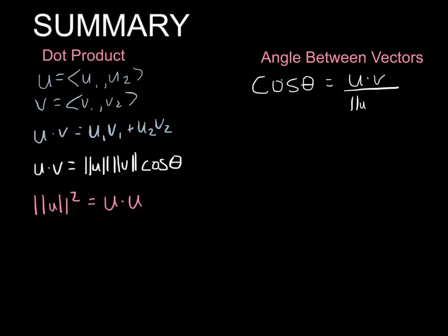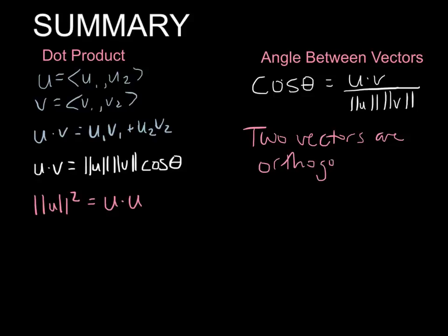We know that it comes from the law of cosines. And we also know that two vectors are orthogonal if their dot product is equal to 0.